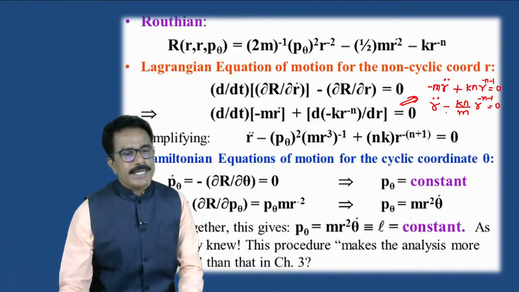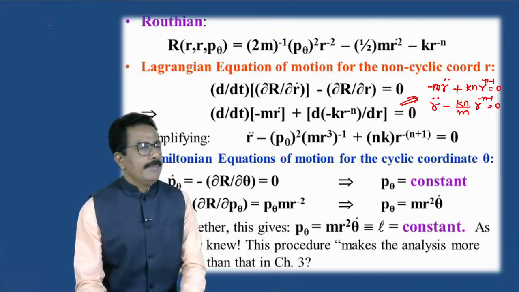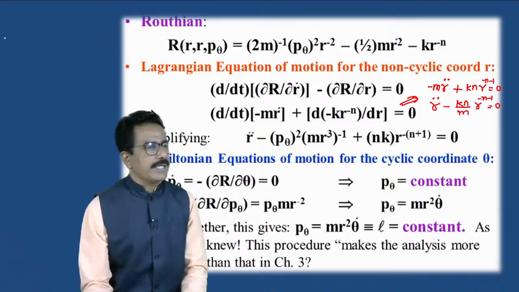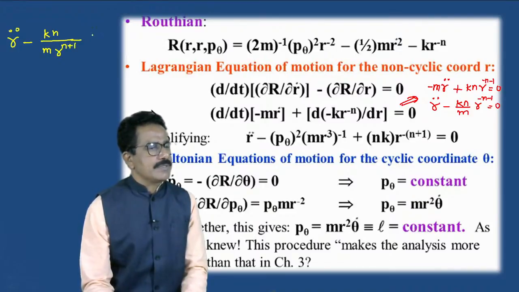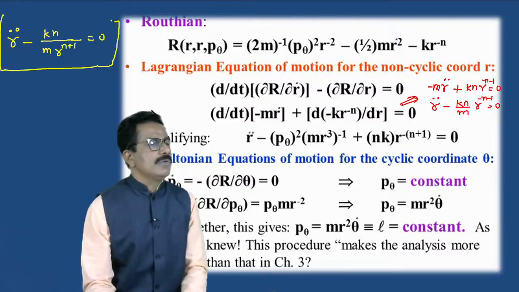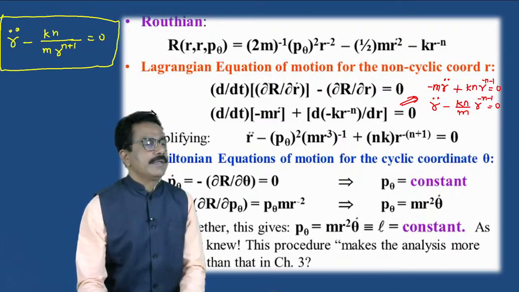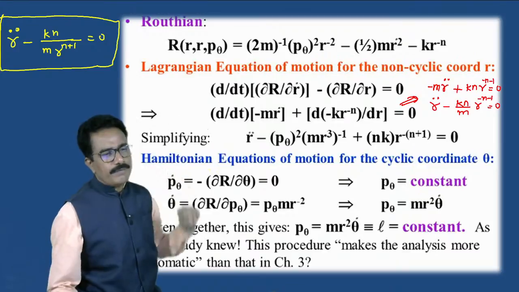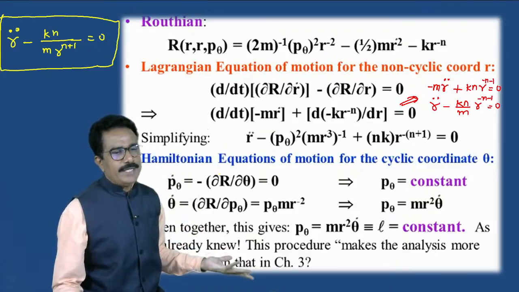So the final equation of Routh is r double dot minus k n divided by m into r raised to n plus 1, which is equal to 0. This is the Routh's equation of the motion. Similarly, we can find the Lagrange's equation of motion.